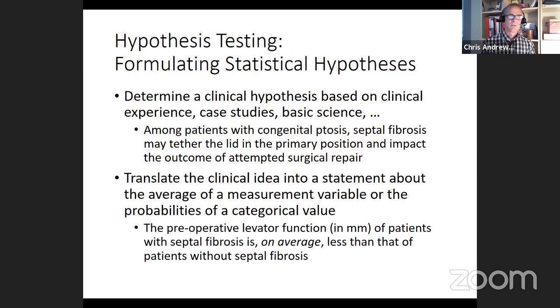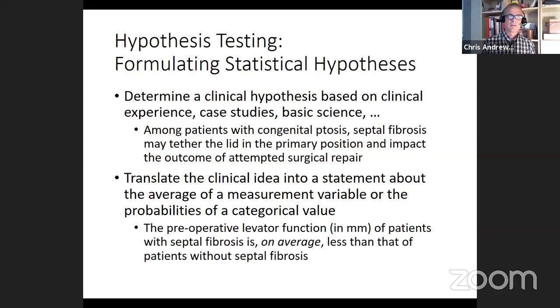So here's an example of how this might work, how to form a statistical hypothesis. Ideally, there's an interesting question from your clinic background, from some case studies you've seen in somebody else's background. Maybe there's some basic science going on, and you want to see if this translates to work in animals or humans.